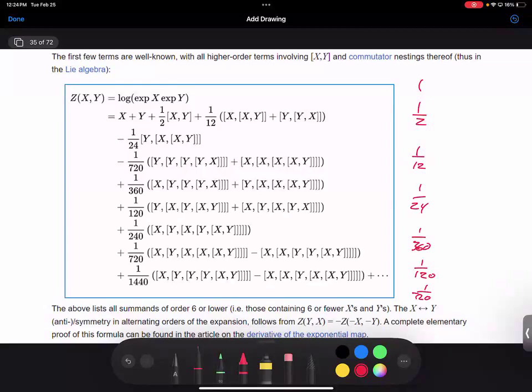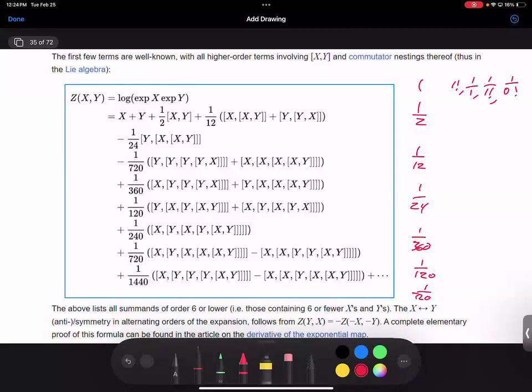How should I view 1? I could view it as 1/1 factorial, or 1/something factorial. It could also be 1/0 factorial.